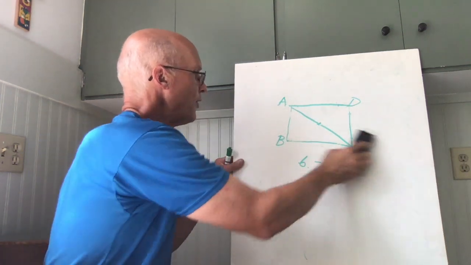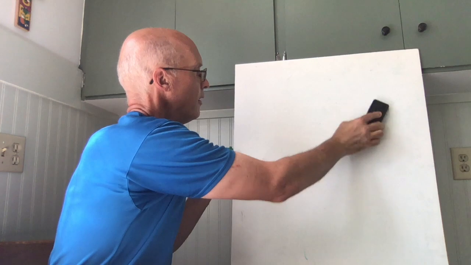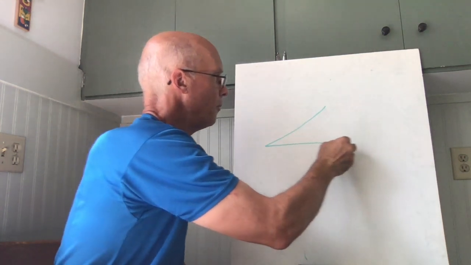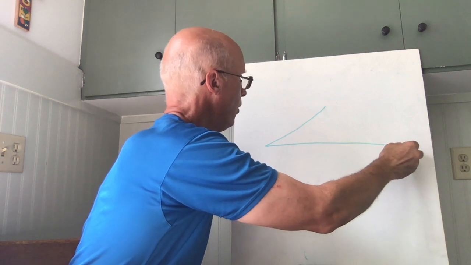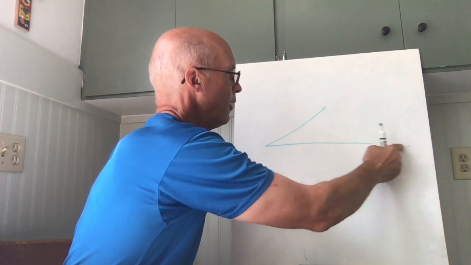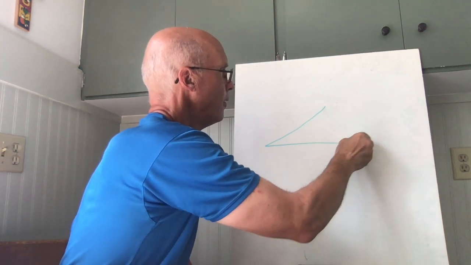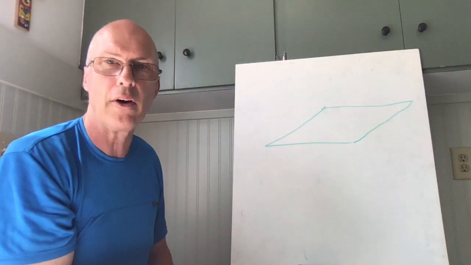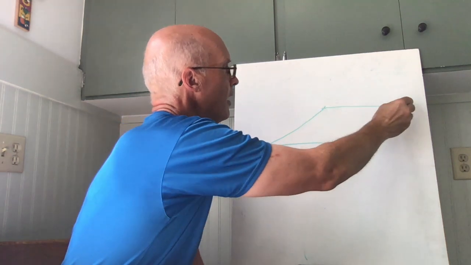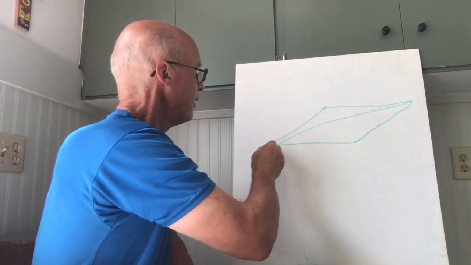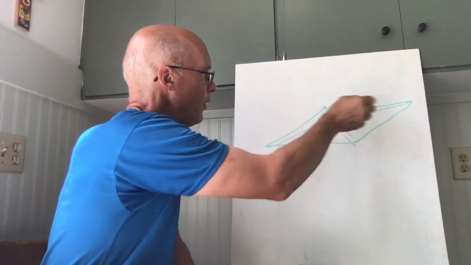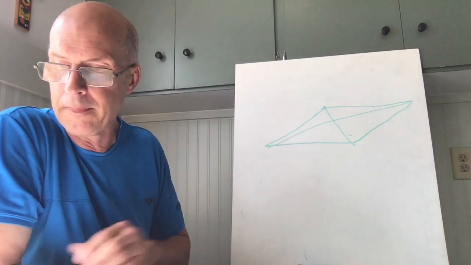And even if this thing looks a little funky, even if it was a crazy shaped parallelogram, whoa, too far. Okay, if that's a parallelogram, if I divide it this way, those two are congruent. If I divide it this way, then the other two would have been congruent, okay?